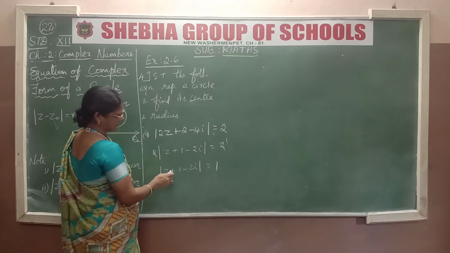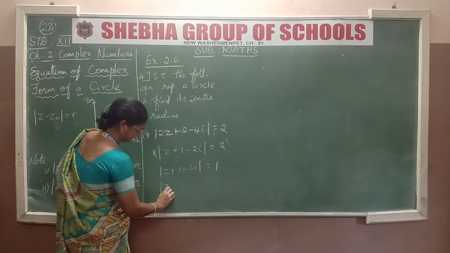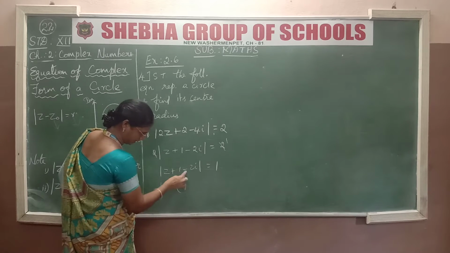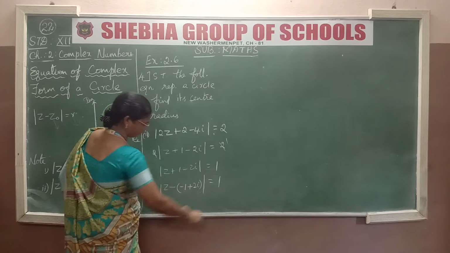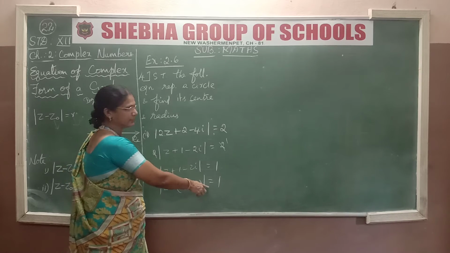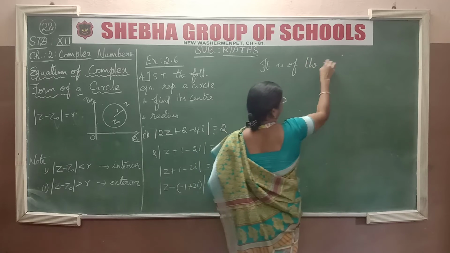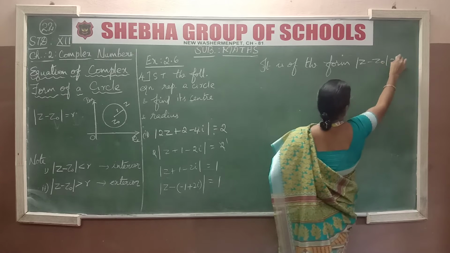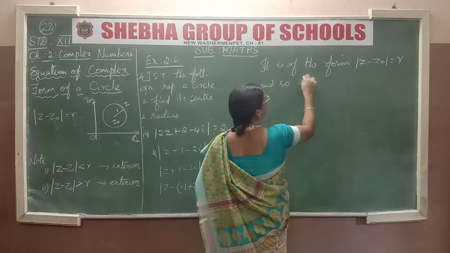Now we form this as modulus of z minus z naught. So z minus, taking minus outside, we get plus 1 becomes minus 1 and minus 2i becomes plus 2i equal to 1. Now this is of the form what? Z minus z naught equal to r, isn't it? So it is of the form mod z minus z naught equal to r, and so it represents a circle, isn't it?